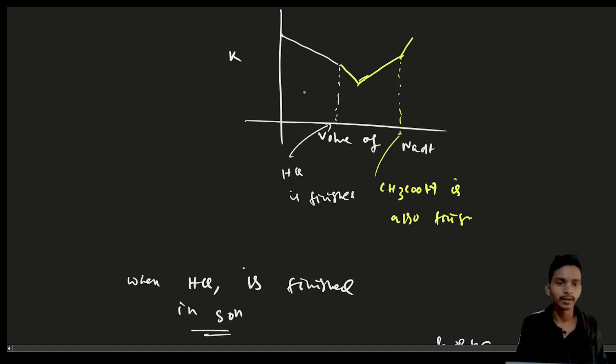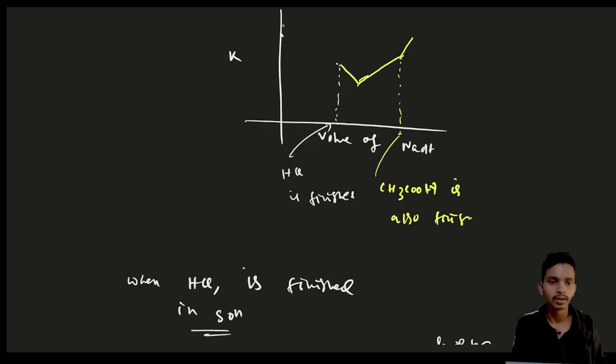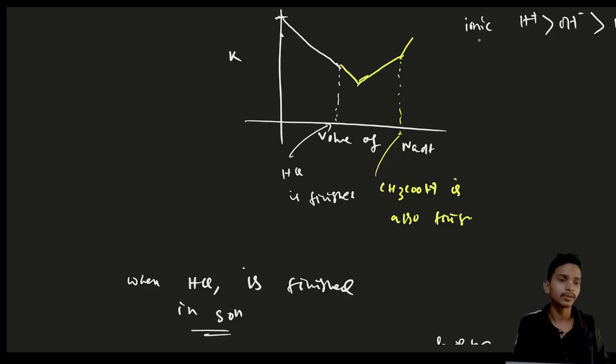Okay, but this graph will come from here. Why? Because for HCl here the H plus concentration, here we add OH minus concentration, and we know that the ionic mobility of H plus is more than OH minus and more than Na plus. So this is the ionic mobility.